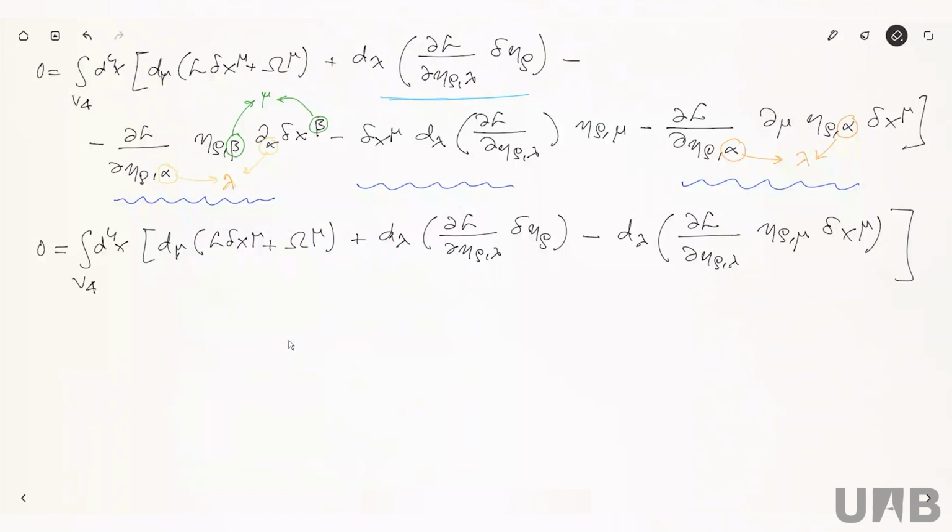So now we're going to write this thing in the following way. We're going to write it as 0 equals, so we're still computing this 0.